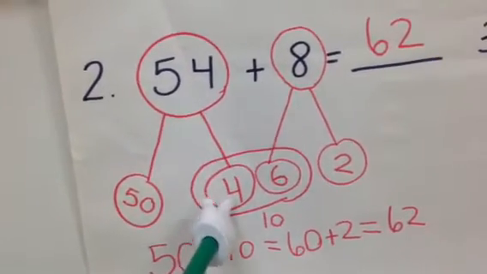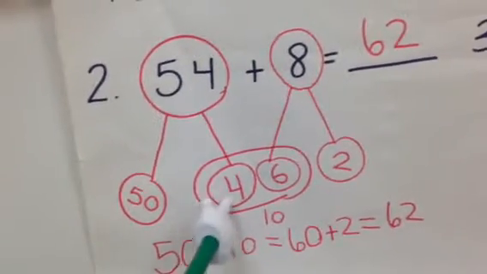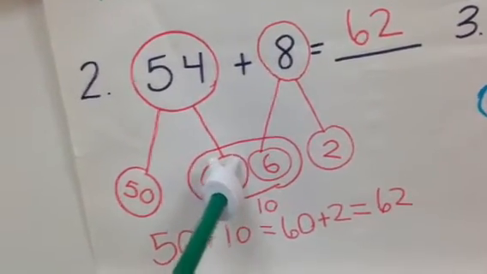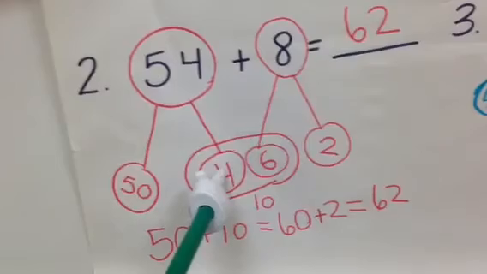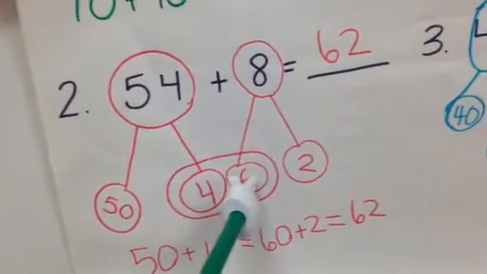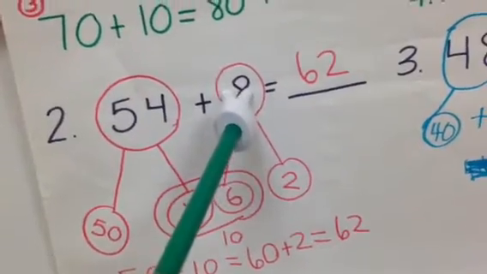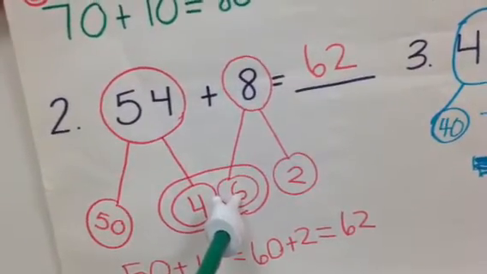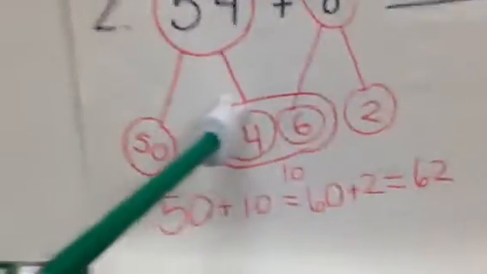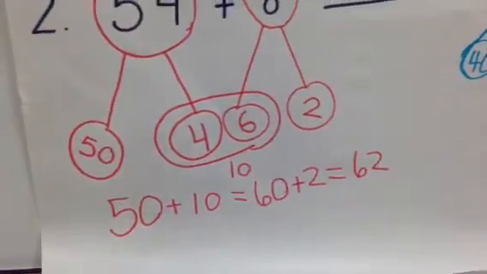Now we need to know, what do we need to bump it up to 10? 4 plus what equals 10? 6. So we are going to take that 6 from the 8. And we know that these two numbers, when combined, make 10.